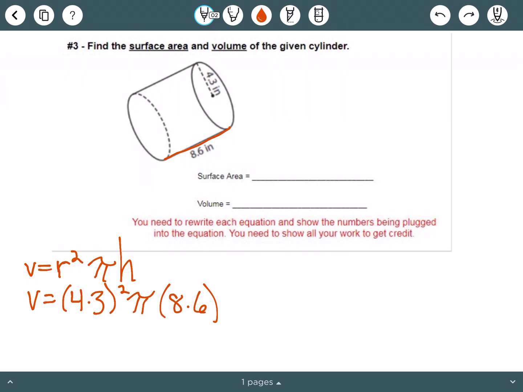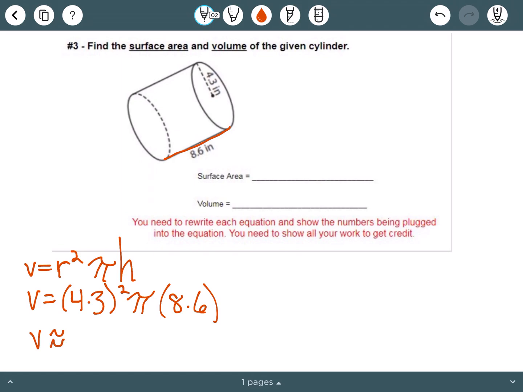So we're going to do parenthesis 4.3 and parenthesis squared. Scroll out of the exponent. Pi, you want to make sure you're using that pi button, parenthesis 8.6 and parenthesis, enter. All right, so we get 499.5572142, but we were asked to round to the nearest hundredths.